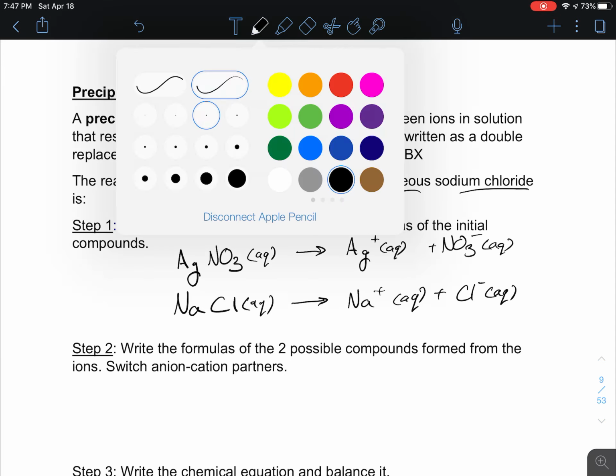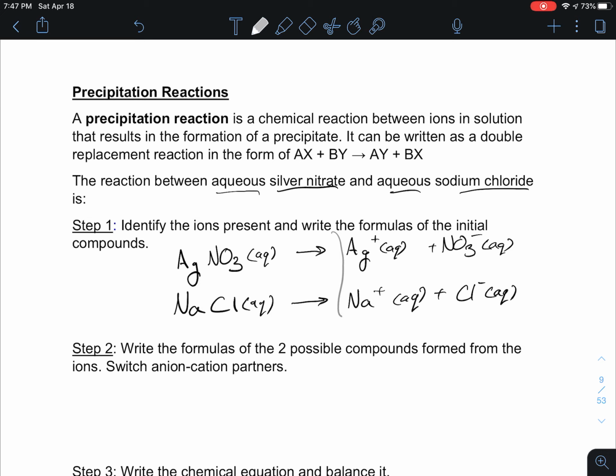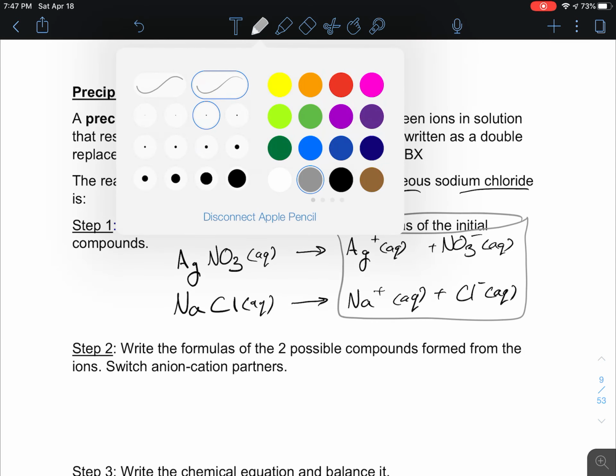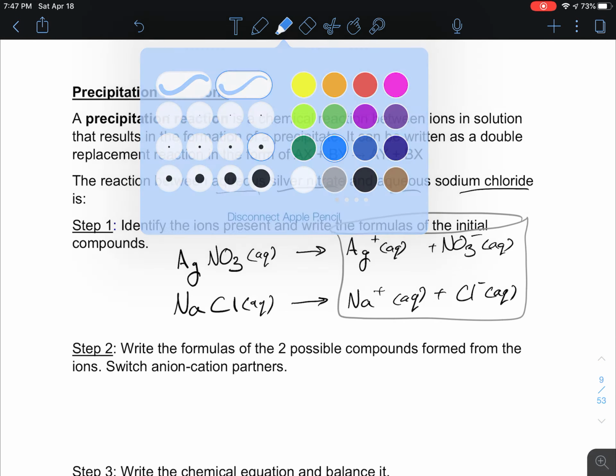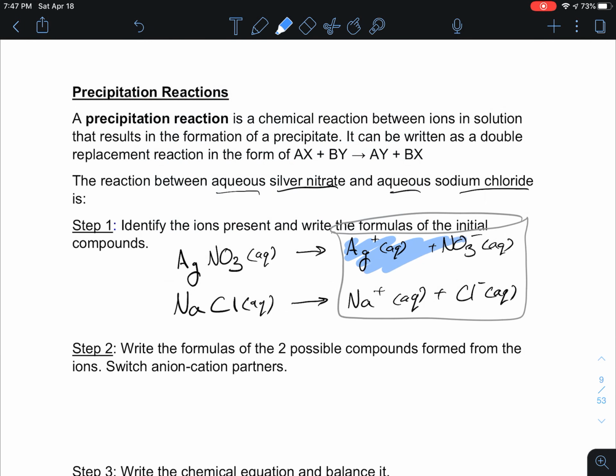Here's my thinking. This is my beaker over here. And inside my beaker, I have sodium ions, chloride ions, and silver ions and nitrate ions floating around.